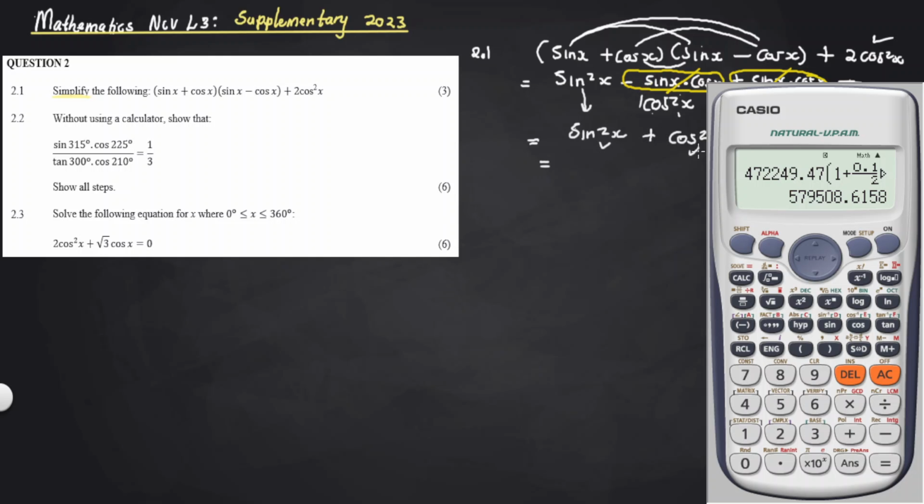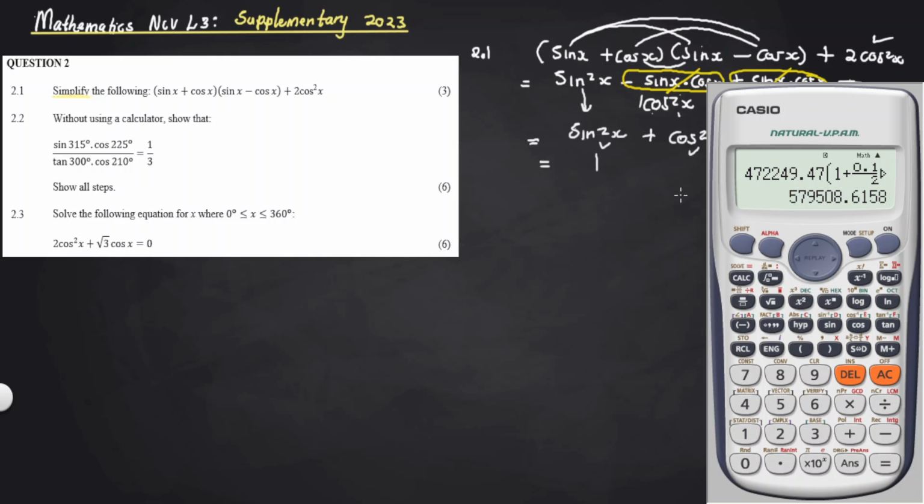This is an identity. We have how many identities at level 4? At level 3, we have 2. We have sine squared plus cos squared is equal to 1. We also have another identity, tan x, which we know should be sine over cos x.